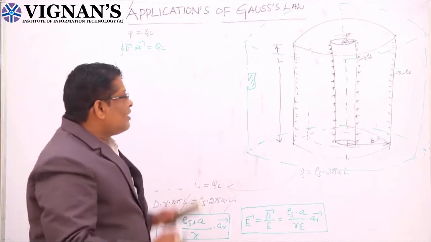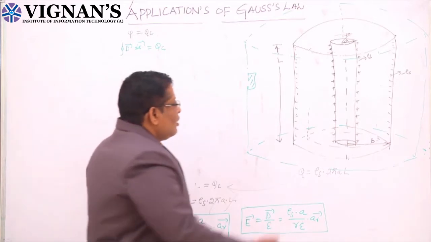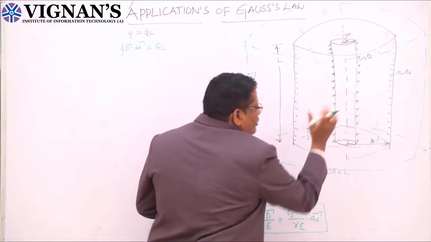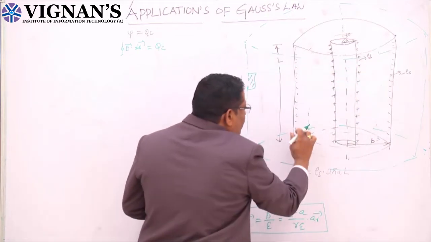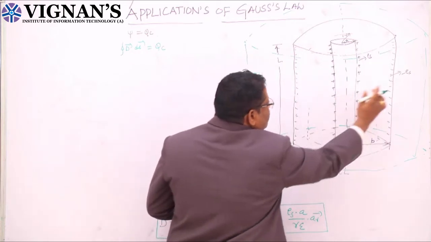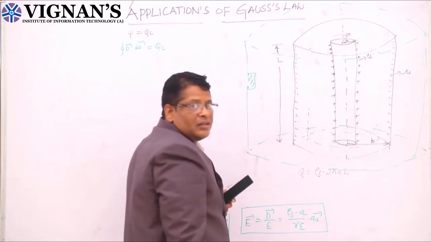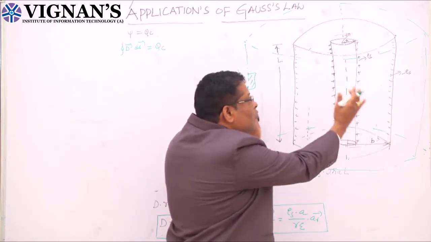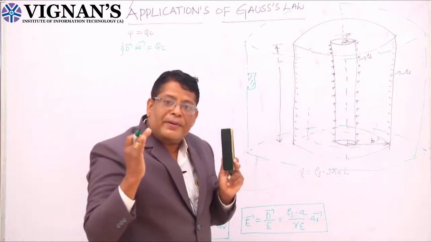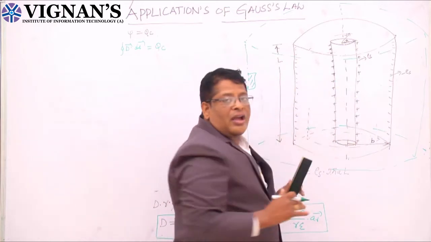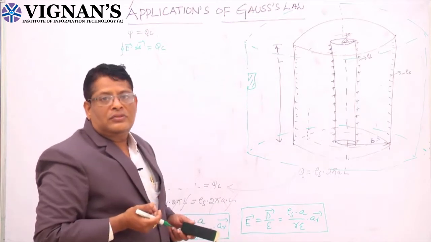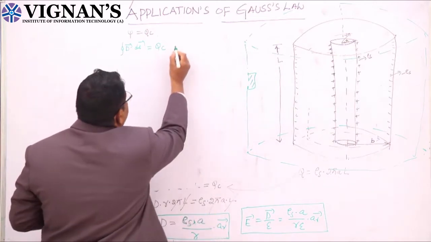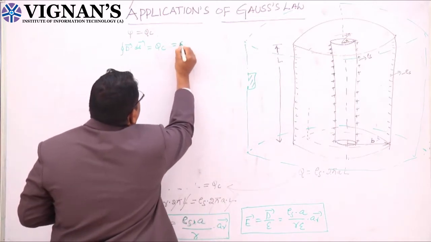Try to understand here: one conductor, one cylinder, has charge density rho s, and on the outer cylinder the charge density is minus rho s. The net charge enclosed by the Gaussian surface becomes 0.